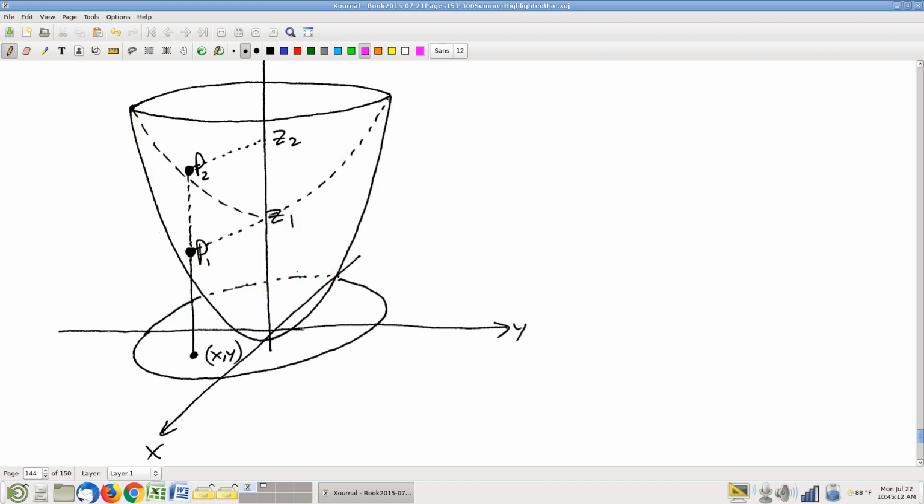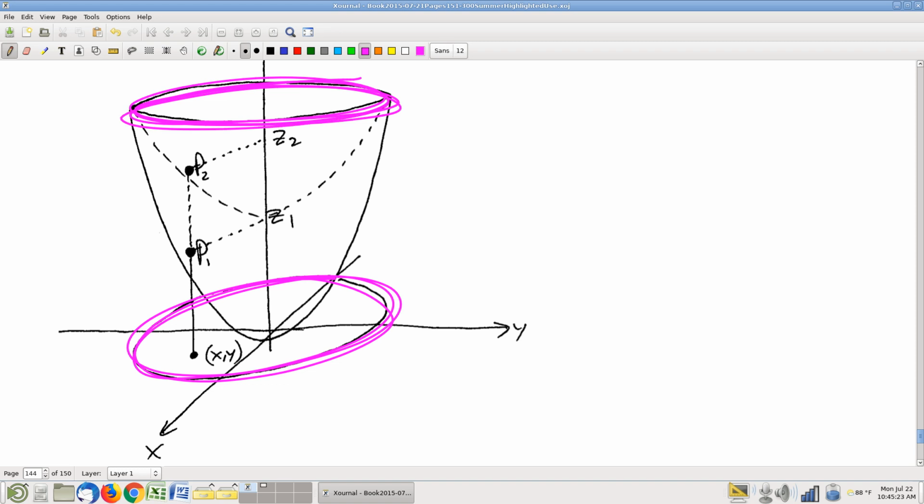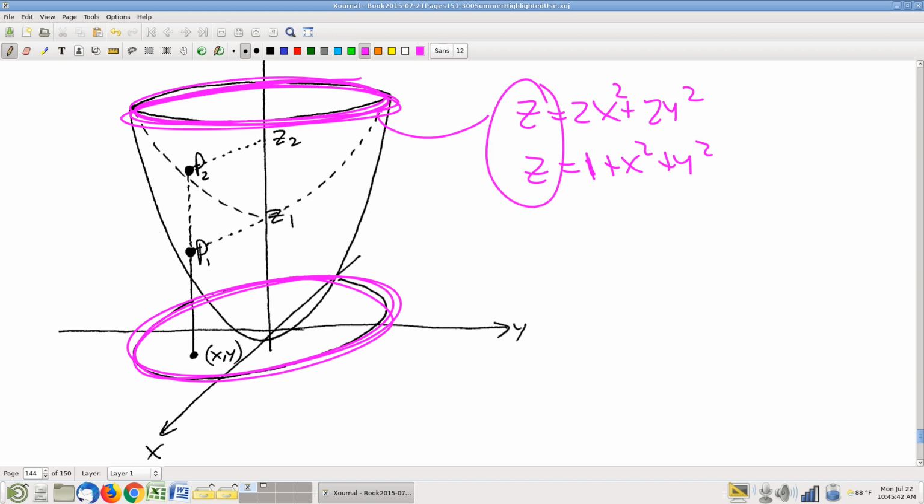So, ignoring this great big ugly solid that I have a hard time drawing, let's look just at this projection down here. That projection is defined by this lip of the solid. That lip is where the one surface and the other surface intersect and therefore have the same value of z, and therefore these two things are equal.